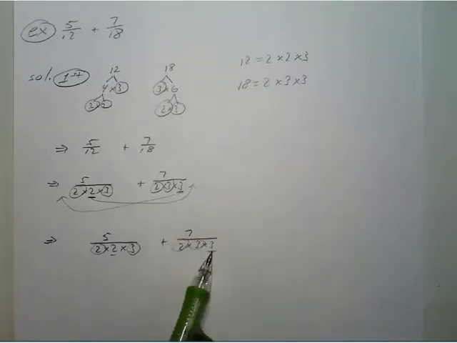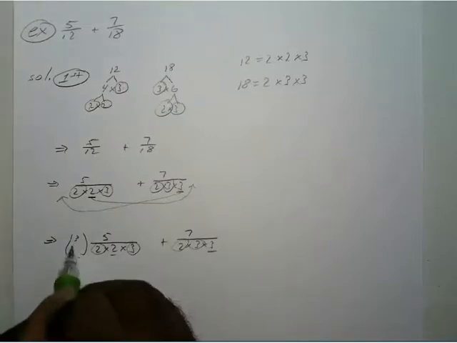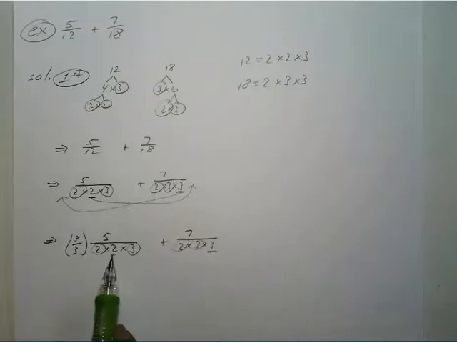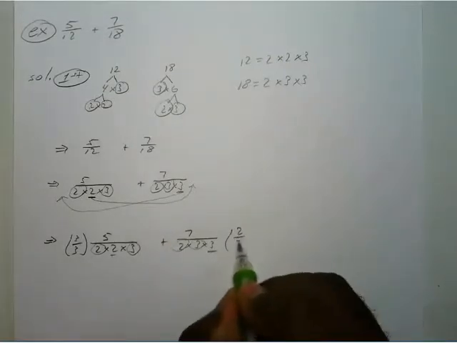Remember, this 3 is underlined, so we multiply this side by 3 over 3. This 2 is underlined, so we multiply this fraction by 2 over 2.